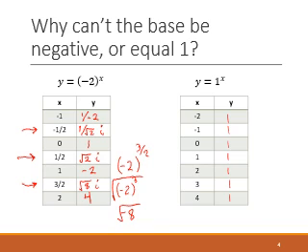So in this situation, it's not that we can't have a base of 1. It's more a problem of, if you did have a base of 1, what you'd end up with is a graph that just looks like a horizontal line. And that's not an exponential function, that's a linear function. So having a base of 1 is not allowed simply because it doesn't yield a graph that's different from a linear graph.